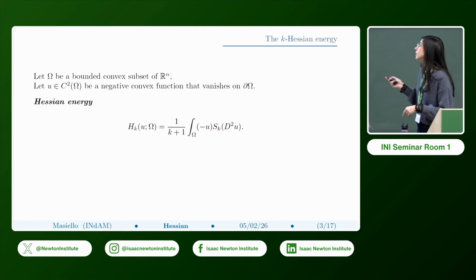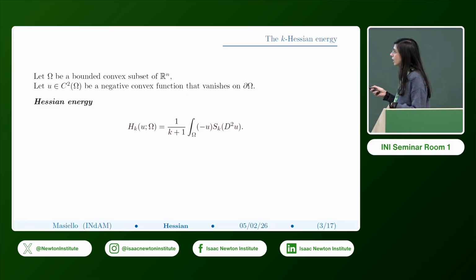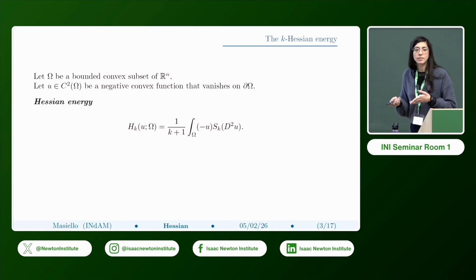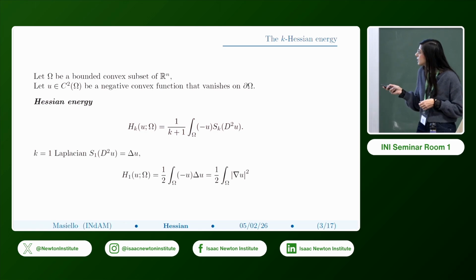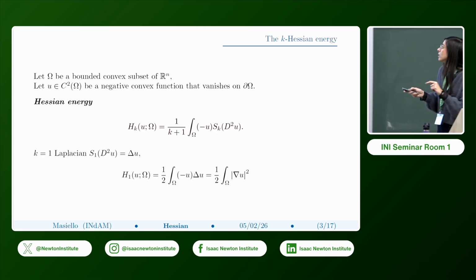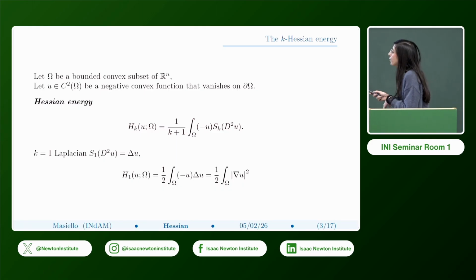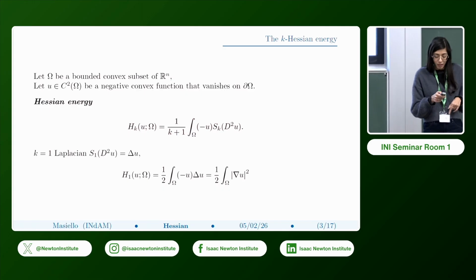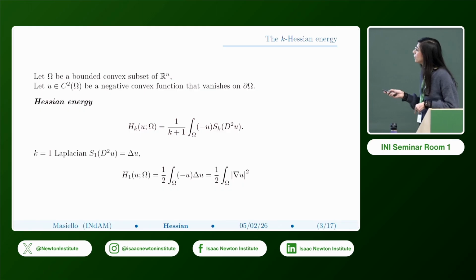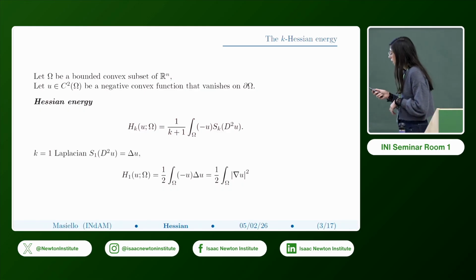We can define this k-Hessian energy, and when you choose k equal to 1, this operator is the trace, so the k-Hessian energy is nothing more than the Dirichlet energy, as we are considering a function that vanishes on the boundary of the set omega.